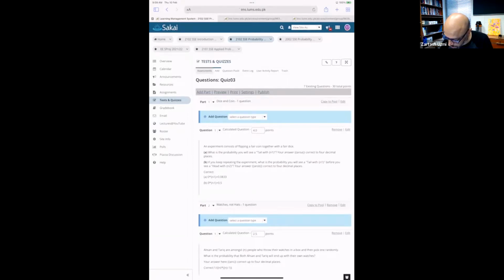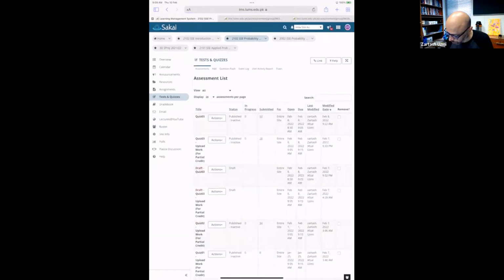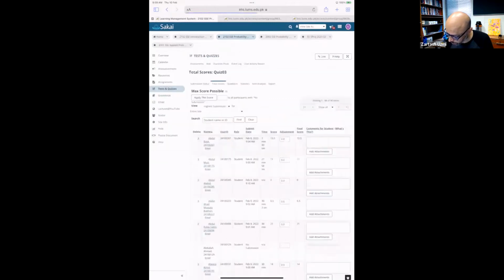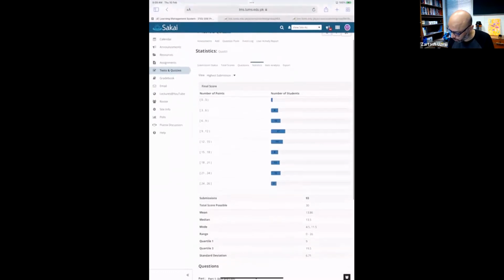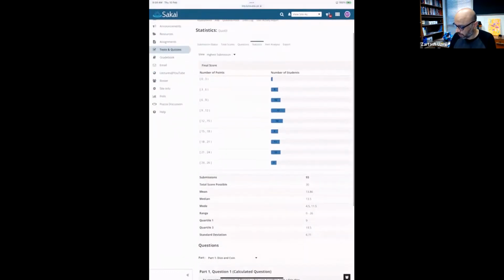Assessments and quiz 3. Yeah, quiz 3 था, और quiz 3 में if I look at the statistics, ठीक है, so you can look at the distribution. This is a very reasonable distribution.